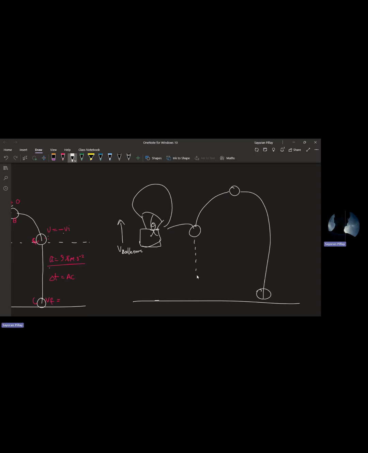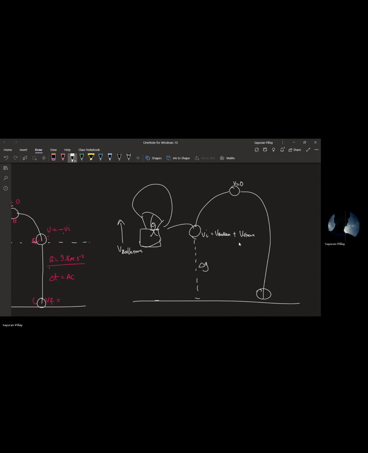So this is the vertical displacement that you're going to take as your change in y. We know it's going to be 0. Then the initial velocity is going to be the velocity of the balloon plus the velocity that you threw the ball with.